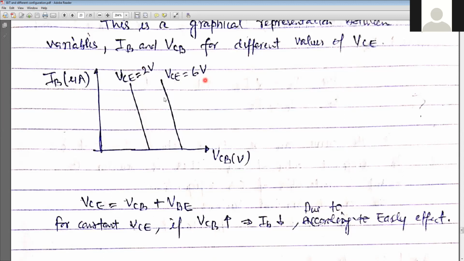In that case, for different VCB, it will start decreasing. Because once you increase the VCE, in the same manner your VCB will increase, and that is why for 6 volt it is shifted here. It is now reducing; we start from here, not only here.